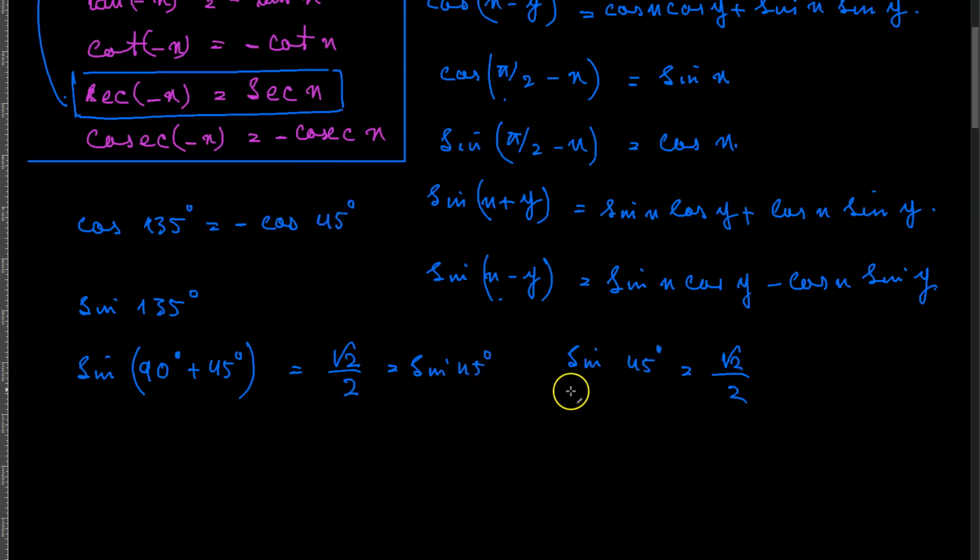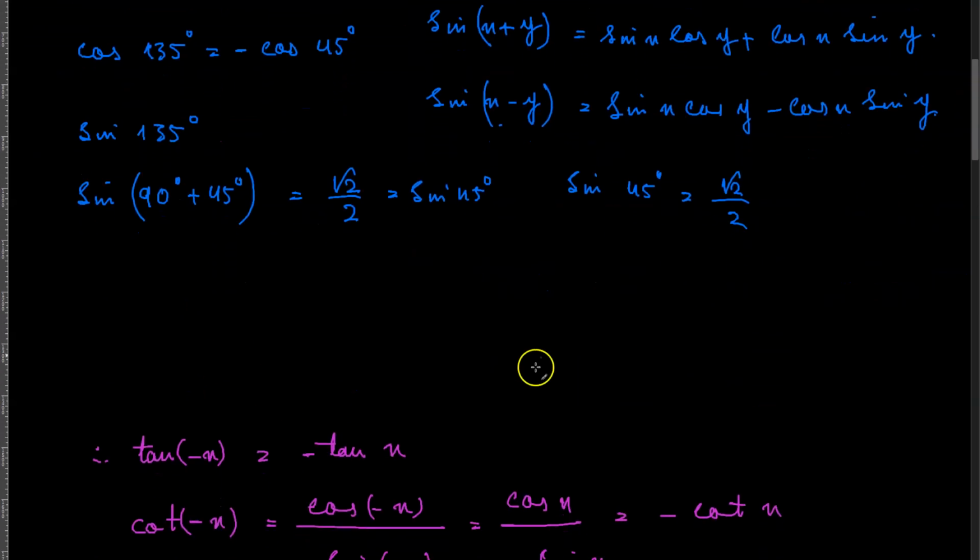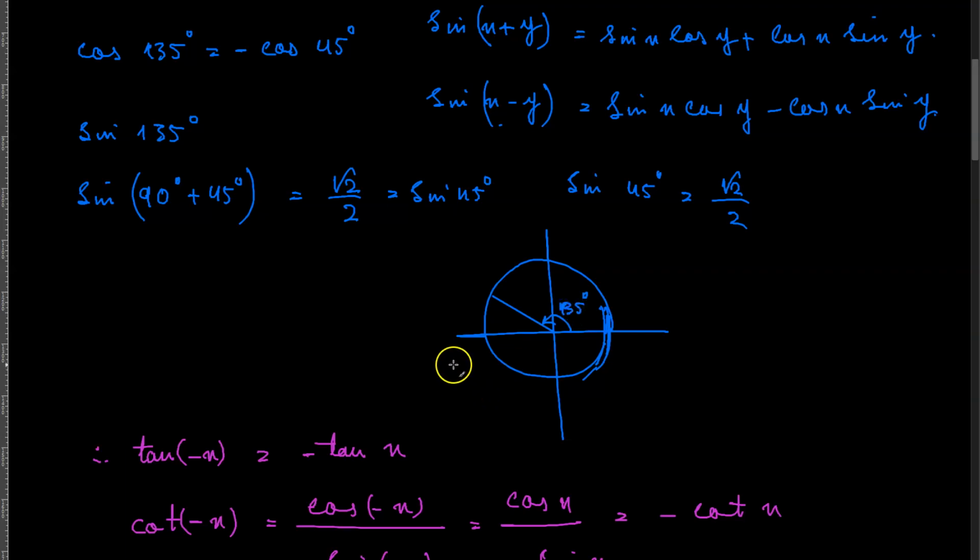Now you can see the same thing on the unit circle as well, meaning that if you have a unit circle here, so 135 degrees is this angle over here. This is 135 degrees. And 45 degrees is this angle over here.